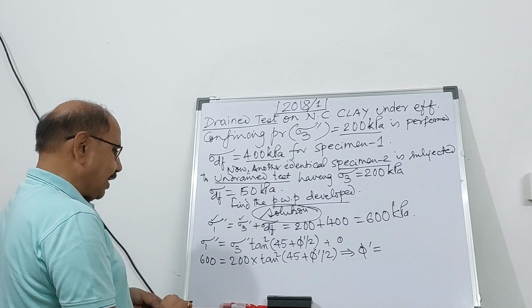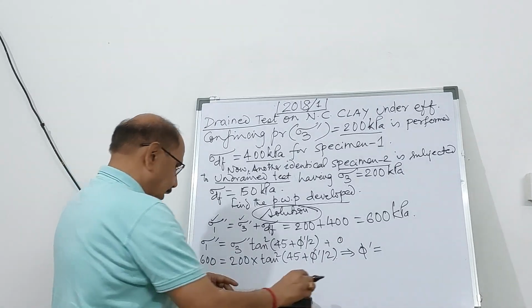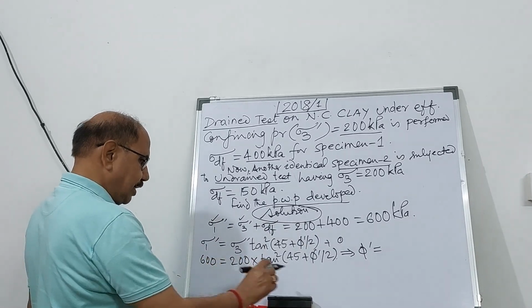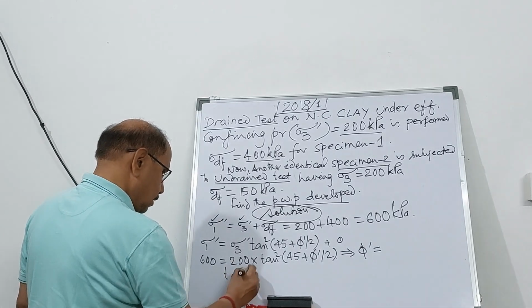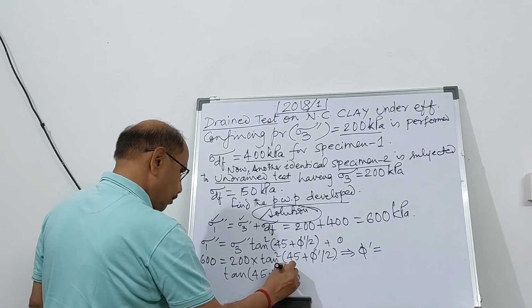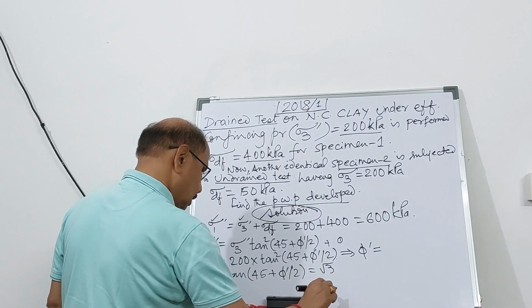So if you simplify it, 600 divided by 200 becomes 3. So tan (45 plus phi prime by 2) equal to under root 3.